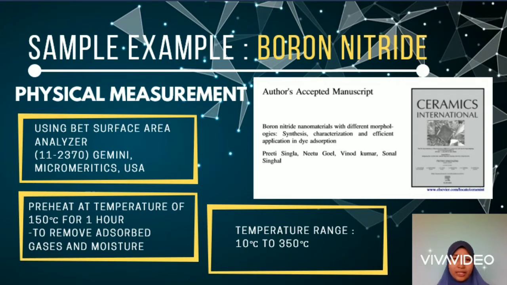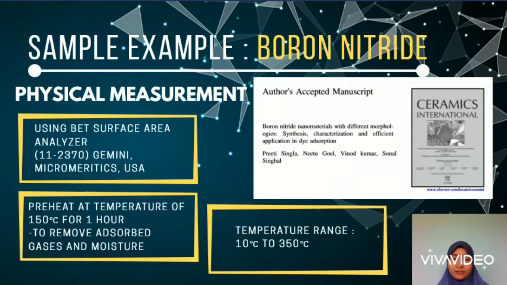Okay, for the physical measurement that we use in BET, as I stated here, we use this BET instrument itself, and the sample needs to be preheated at a temperature of 100 degrees Celsius for 1 hour. This is to remove the adsorbed gas and moisture.